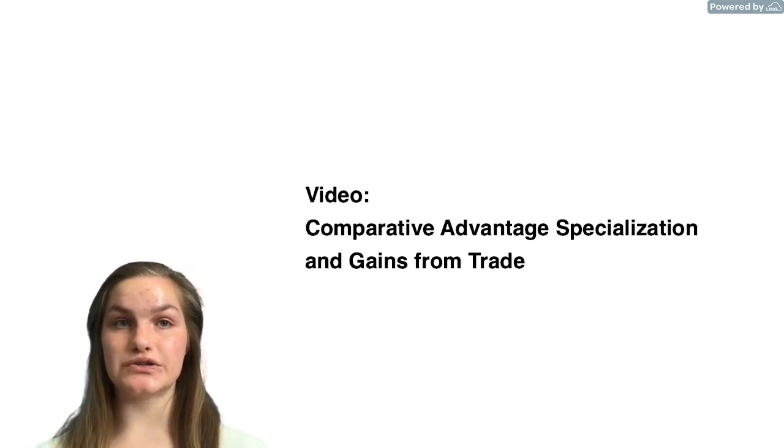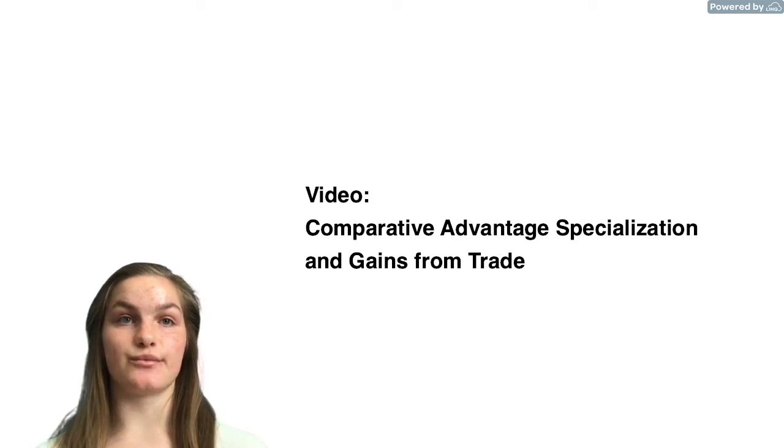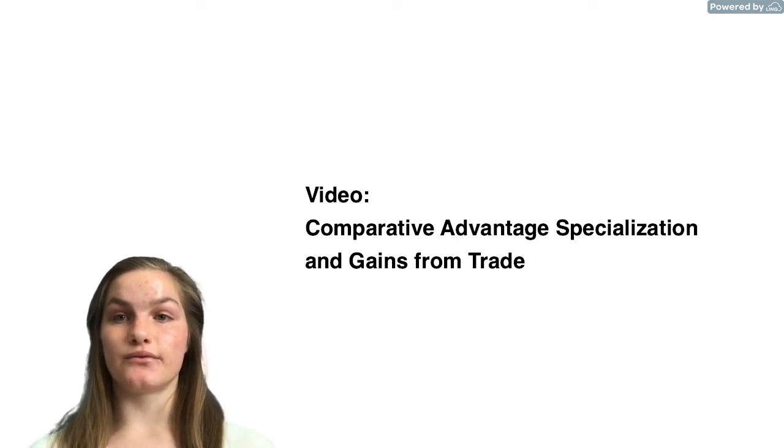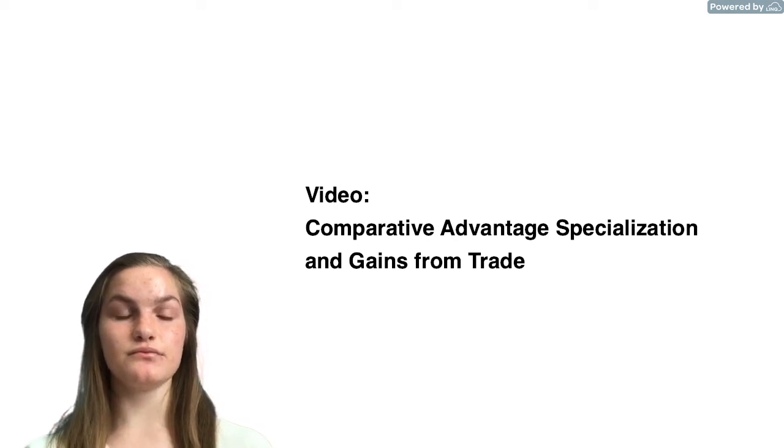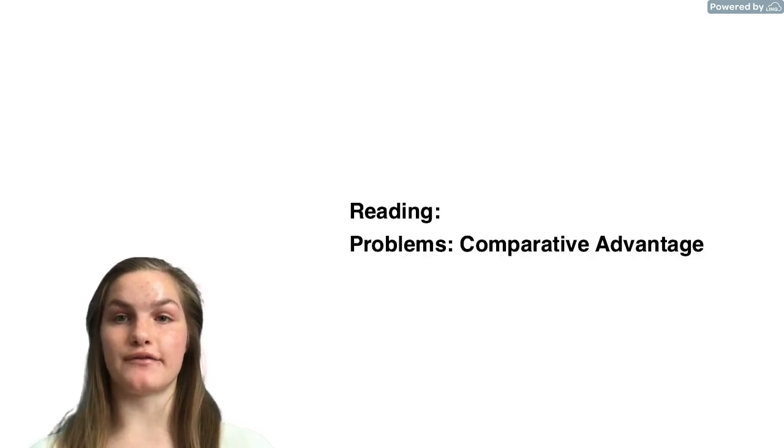Next, we have another video on comparative advantage, specialization, and gains from trade. So you guys can go ahead and watch that one also. Finally, we have an activity of flashcards that would be really helpful in reviewing all this information. And then last, we have reading problems on comparative advantage. So that concludes the information.